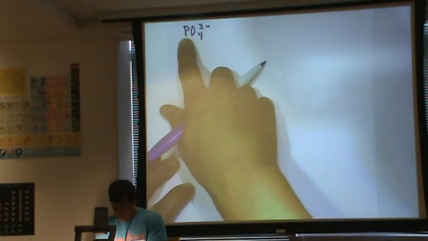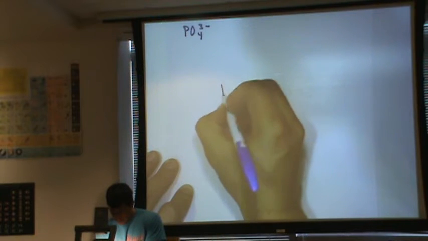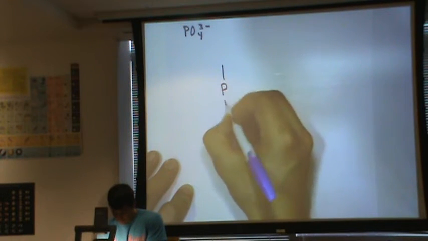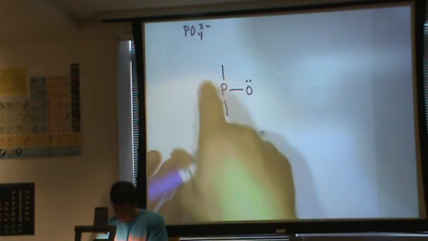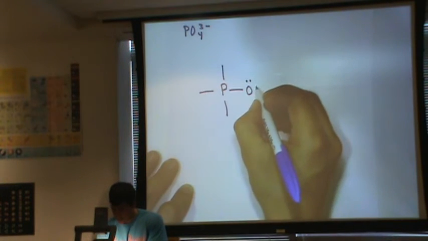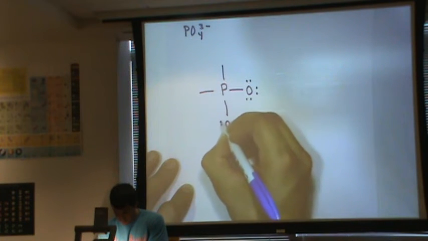We're going to put the phosphorus in the center. It's our central atom. I'm going to put 4 oxygens around it, and we're going to go over in detail how to draw these later. 3, 4, 5, 6.